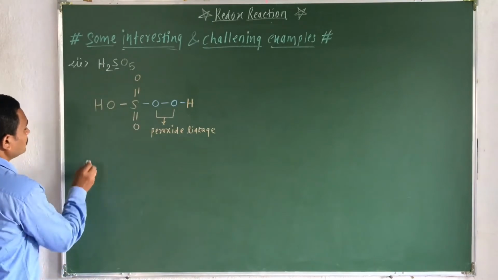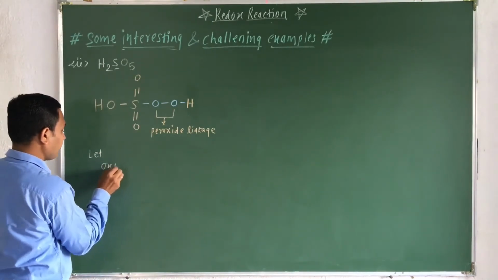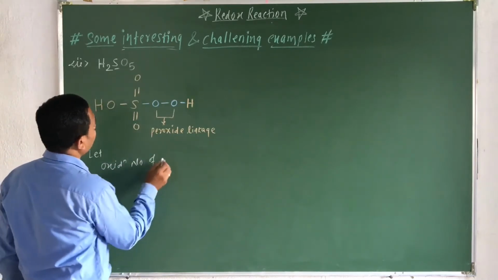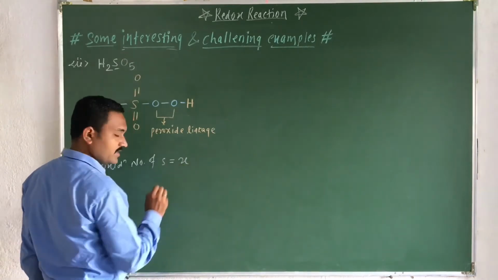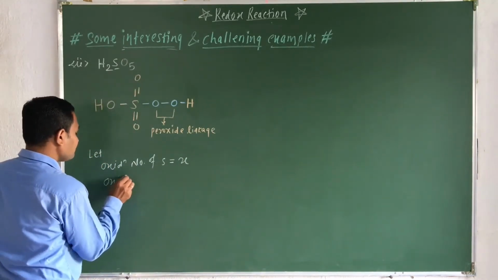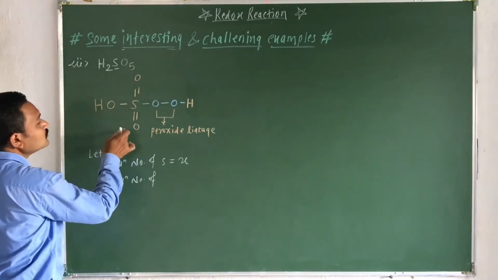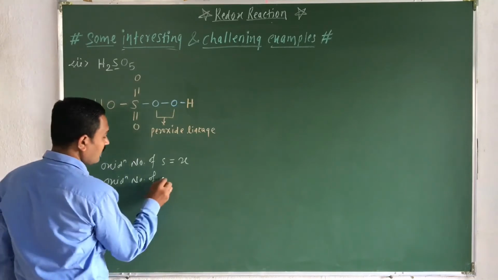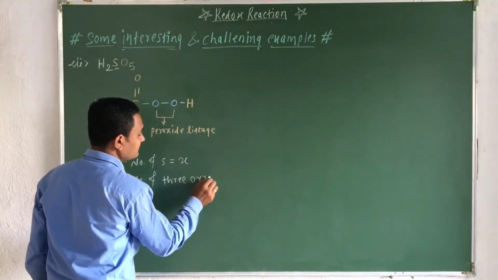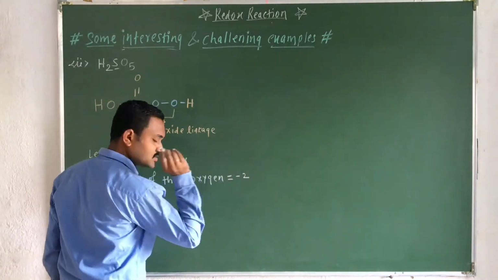So let the oxidation number of sulfur equal X. Now the oxidation number of 3 oxygen atoms equals -2.